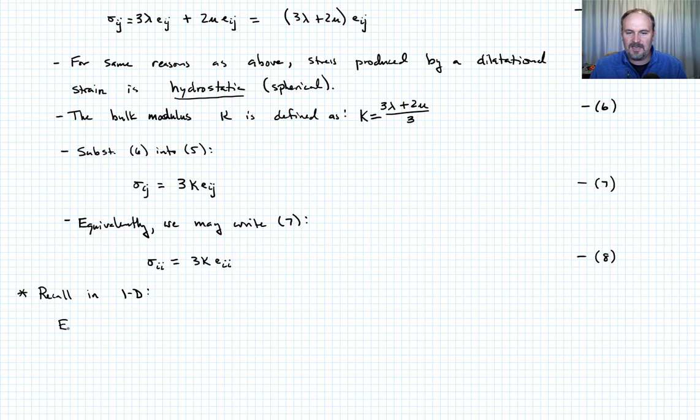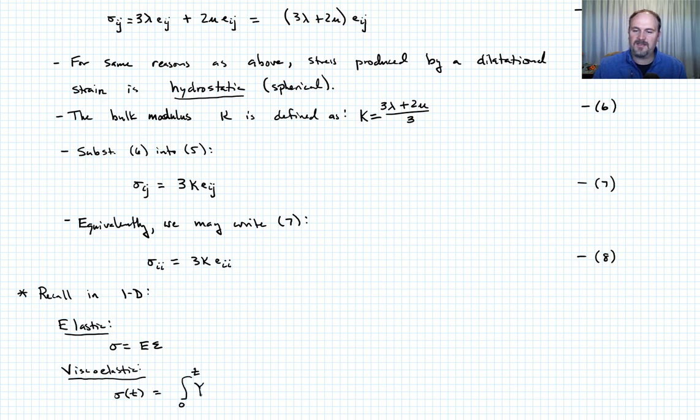For the elastic case, we could write something like sigma is equal to E times epsilon, and in the viscoelastic case, we wrote that sigma as a function of t was equal to the integral from 0 to t of the relaxation modulus Y of t minus c times epsilon dot, which was a function of c, dc. Recall that. I'm going to collectively call those equations 9.